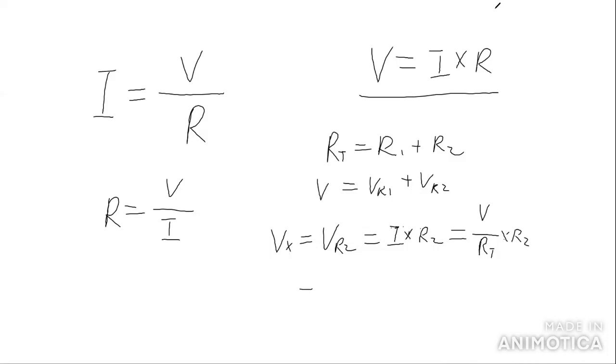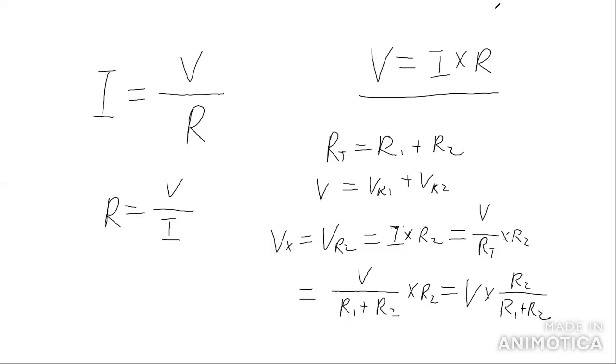So you can see V over RT is what? RT is R1 plus R2, so it's V over R1 plus R2 times R2. So it's equal to V times R2 over R1 plus R2. Okay.